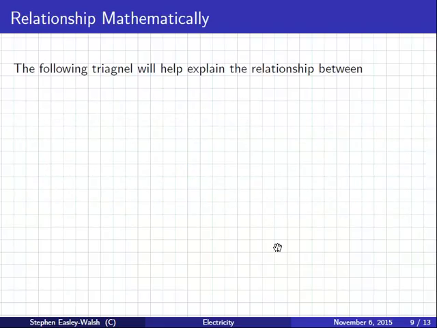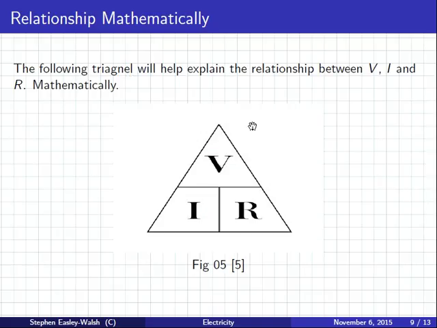The following triangle, I mistyped it, I have 3 letters out of place here, will help explain the relationship between V, I and R. The relationship is a lot like distance, speed and time. If I want to know the voltage, I can say the voltage is the current multiplied by the resistance.